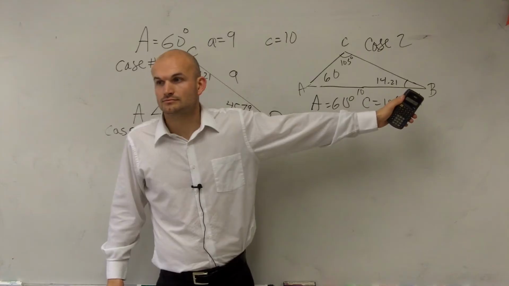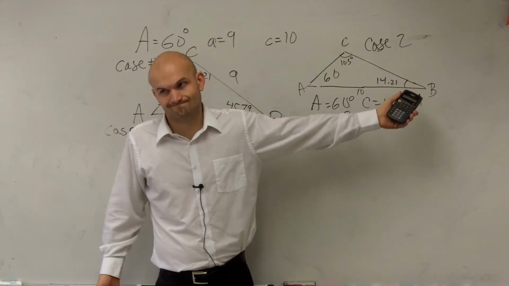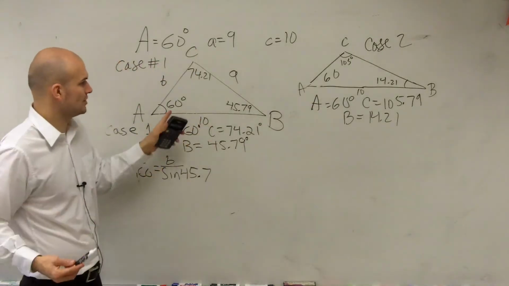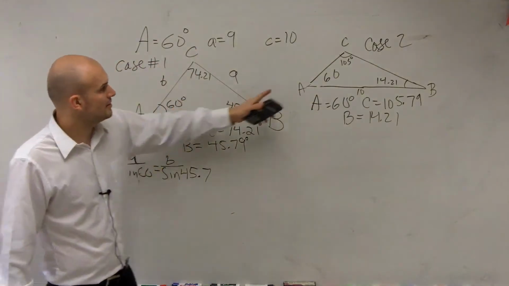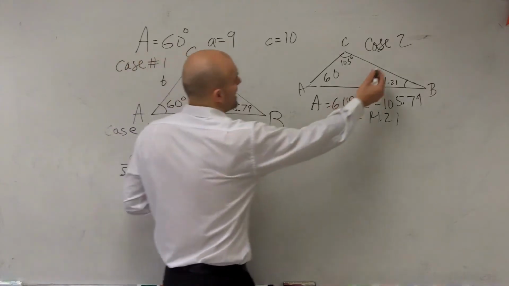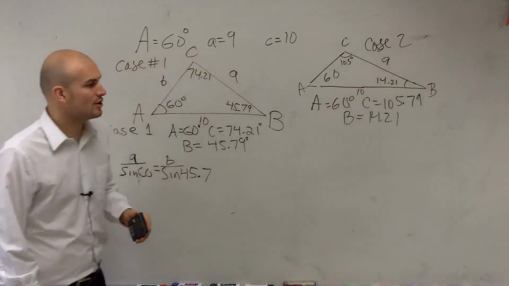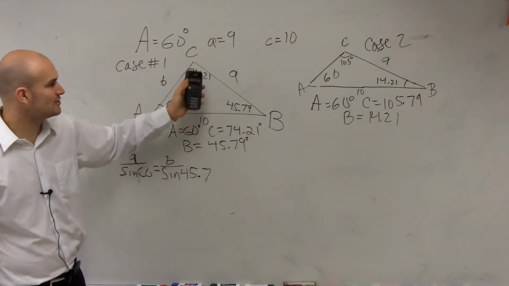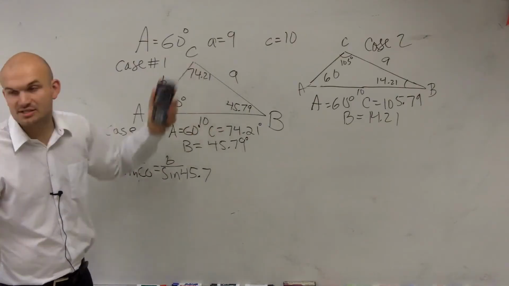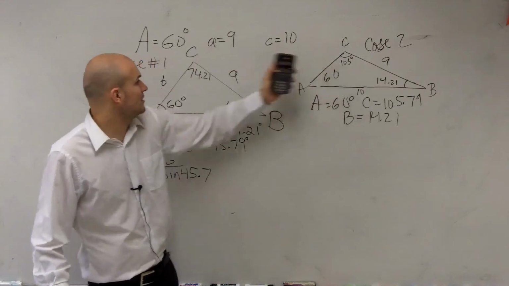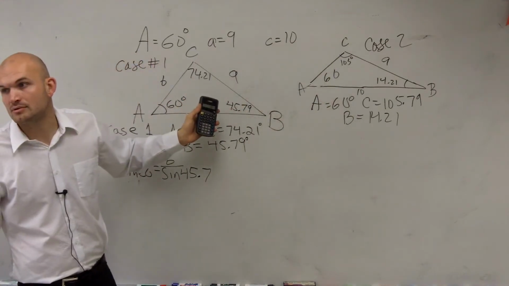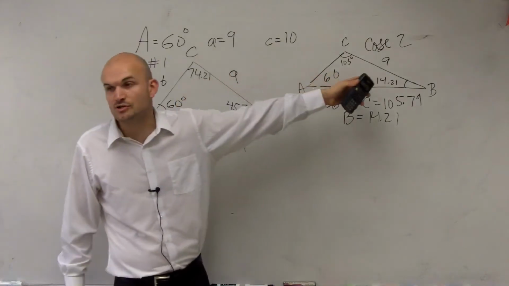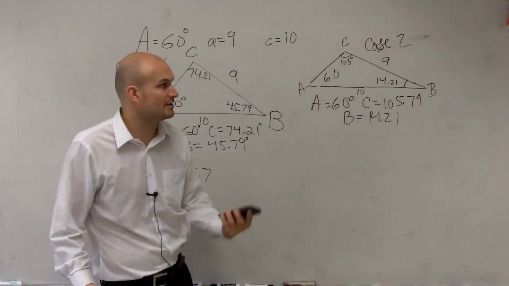Because you can see I can draw a triangle with A being 60, side a being 9, and side c being 10, with the same angles and the same sides, but one with an obtuse angle and one with an acute angle. So it's possible for me to draw two triangles with the same given information. That's what I said.